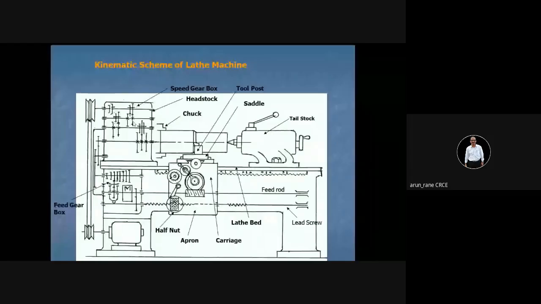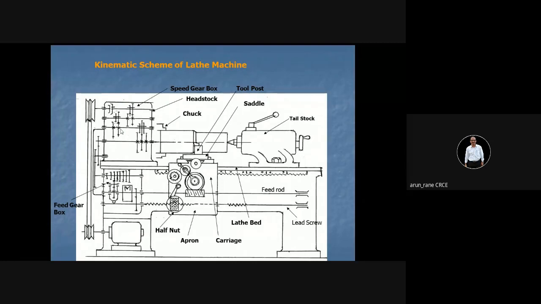So now this gear is meshed to this gear. So the drive will transmit from here to this shaft. On this shaft, this gear is meshed to this, so it transmits from here, and these gears are mounted on this shaft. So when this shaft rotates, this gear will rotate, and because this gear rotates, this shaft will rotate.